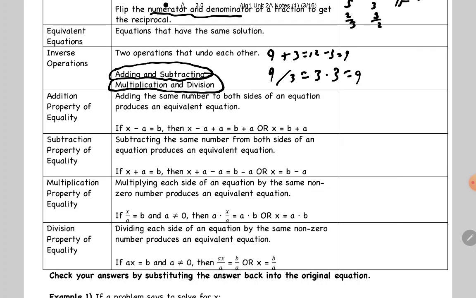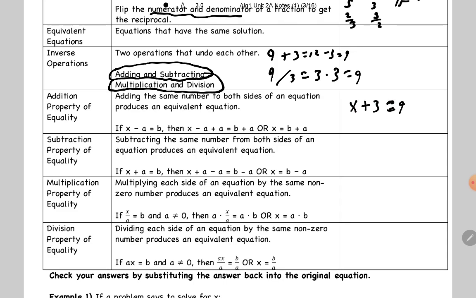But basically, this first one says, so let's say I have an equation. X plus 3 equals 9. Don't worry about the answer here. But basically what it says is, I can add anything to both sides of this equation.